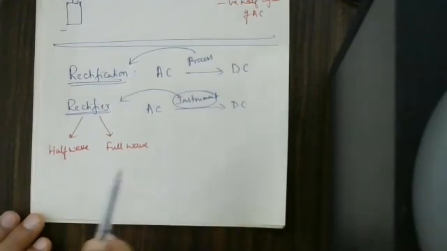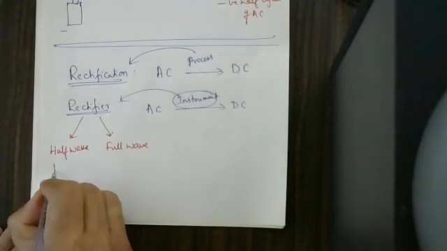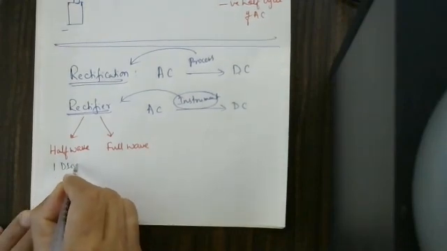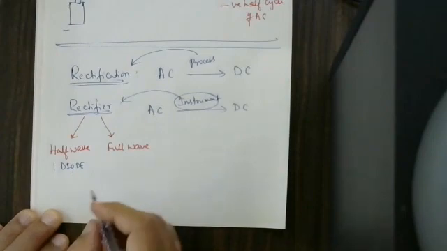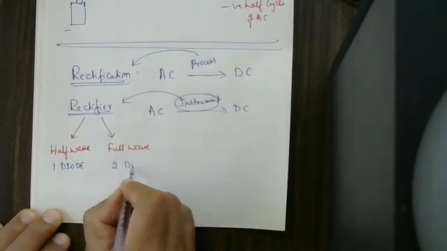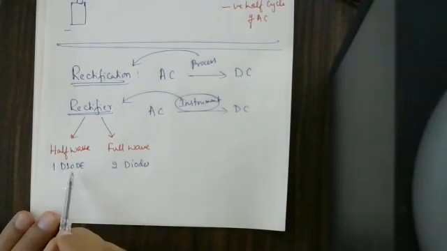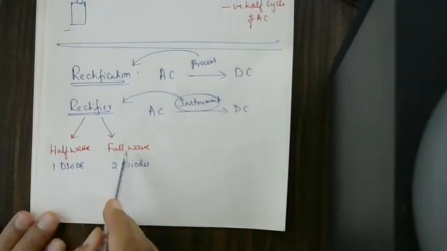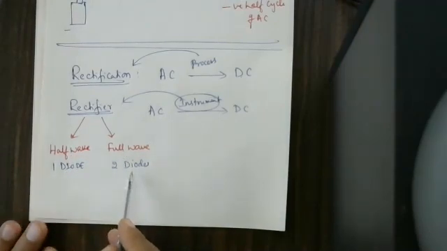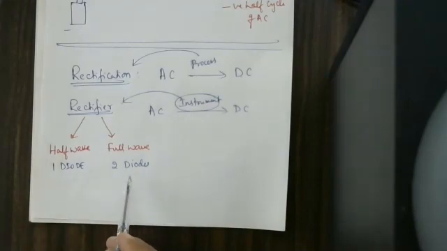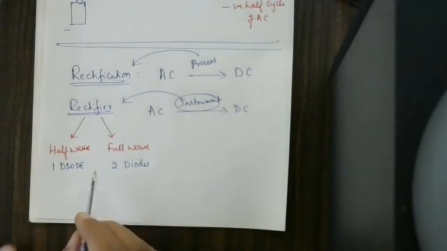But here we use 1 diode in the half wave rectifier and 2 diodes in the full wave rectifier. You are aware of what a diode is. The 4 diode bridge circuit is not in your syllabus.